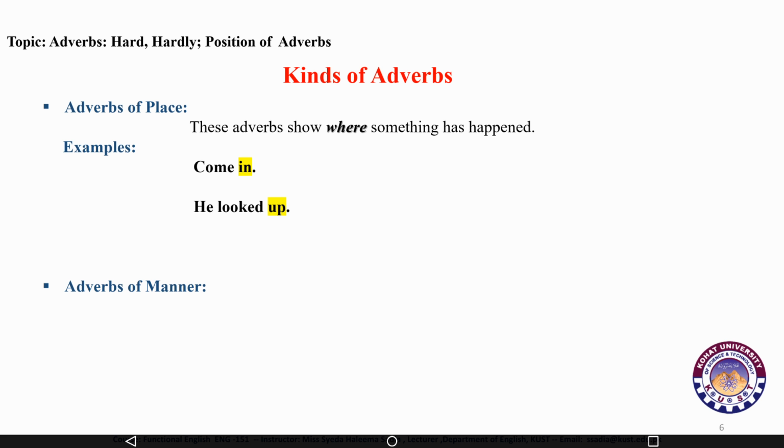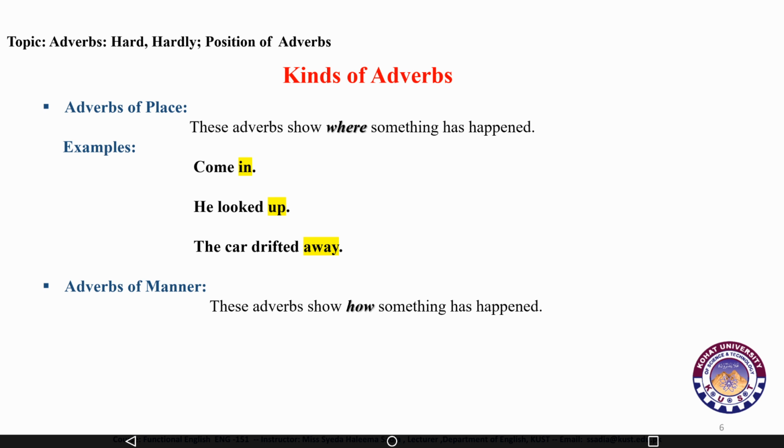He has followed me everywhere. So these are types of examples of adverbs of place. Then another example is the car drifted away. Okay. Then adverbs of manner.